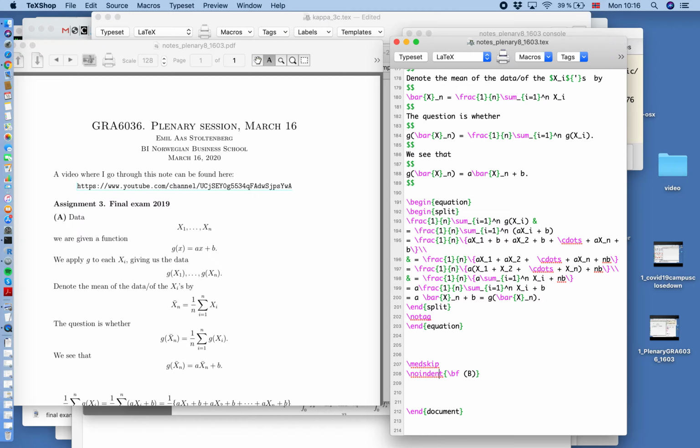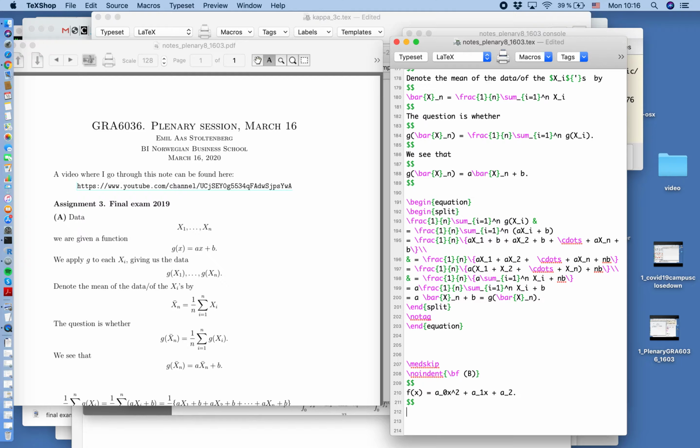So here we are. We can just write it quickly. We have a second degree polynomial, so this is the function.